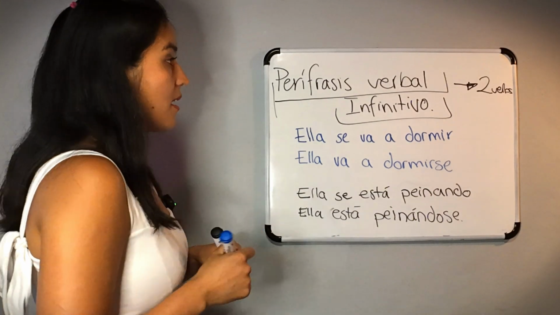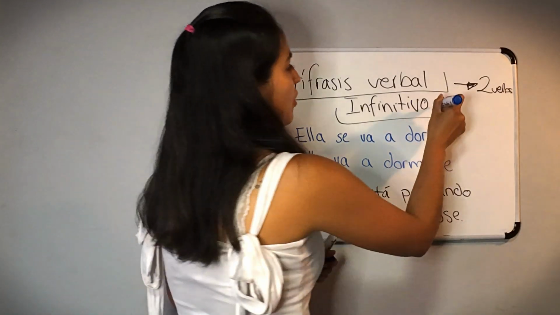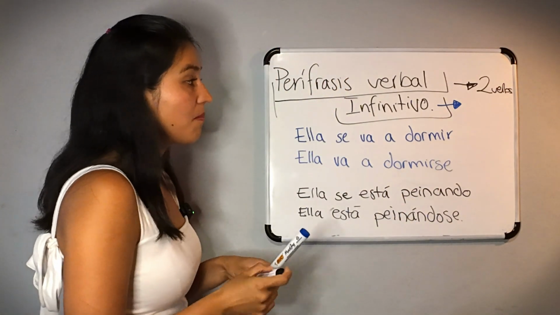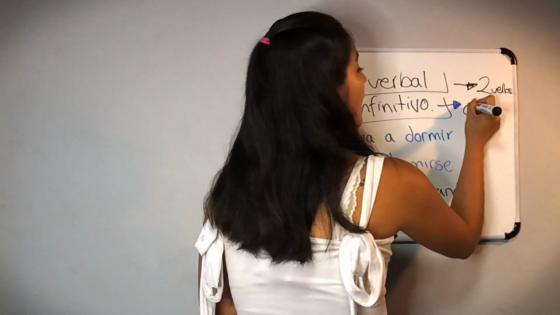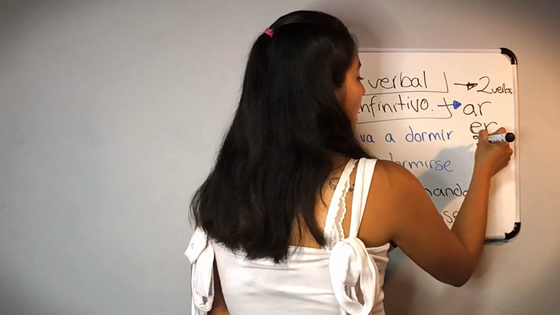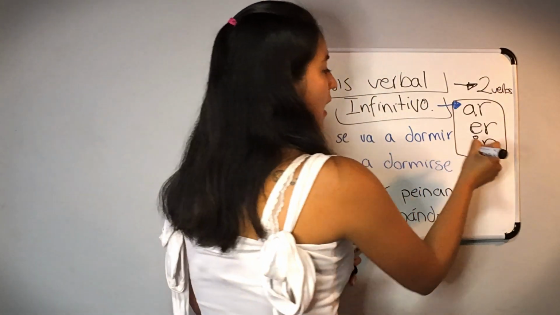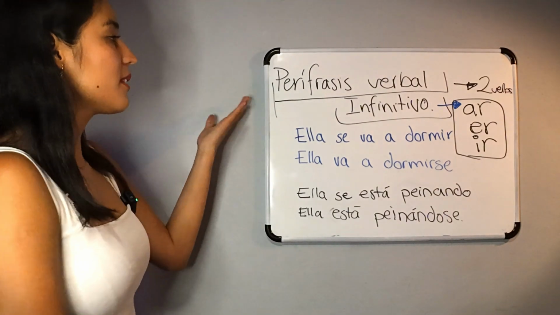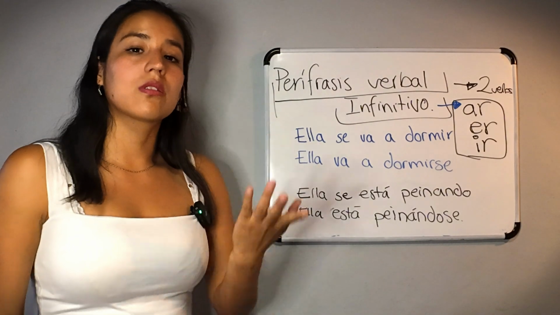If you're not sure how to realize if a verb is infinitive, it has to end with AR, ER, or IR. So, perífrasis verbal means that you are using two verbs instead of one.